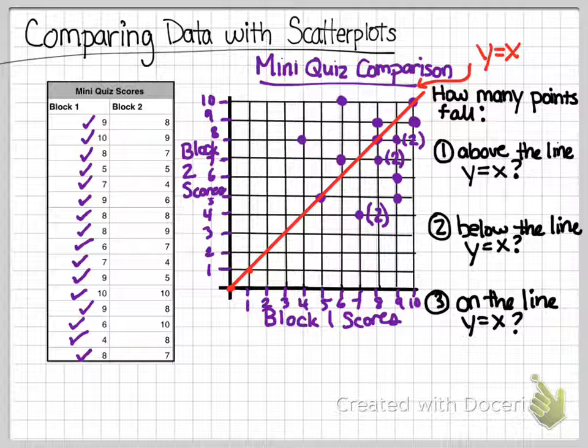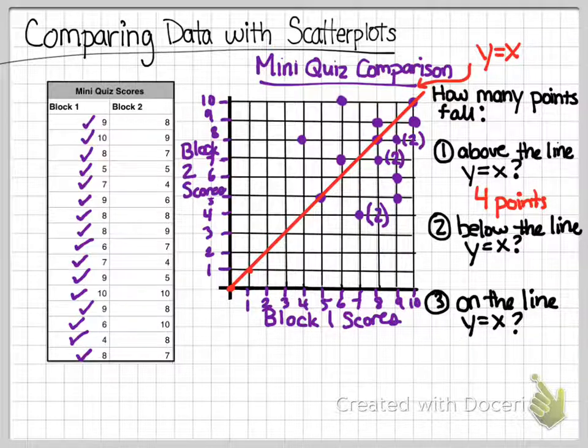So the first question is, how many points fall above the line y equals x? So I'm literally just going to count above the line. So I have 1, 2, 3, only 4 points above the line y equals x. And it's important to discuss what that means.